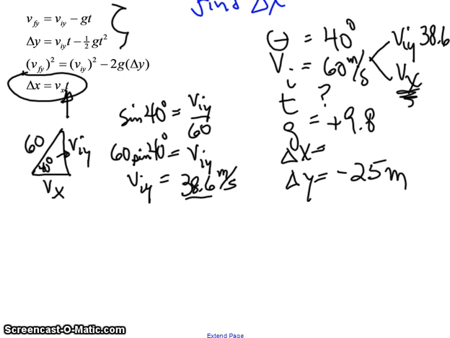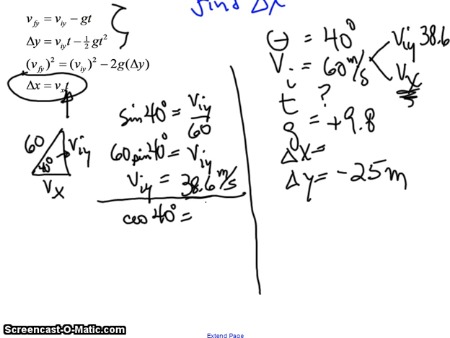So we do know a little bit more about those equations. The cosine, let's do this, cosine of 40 degrees equals the adjacent over the hypotenuse. And so we multiply both sides by 60. 60 cosine 40 equals Vx.